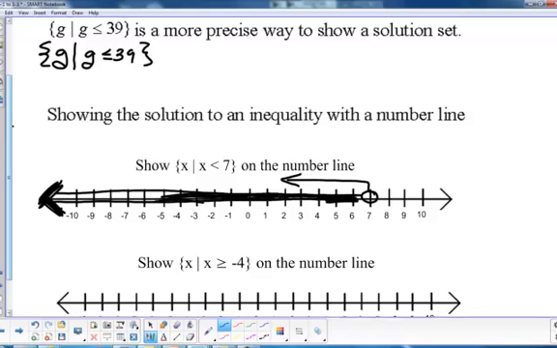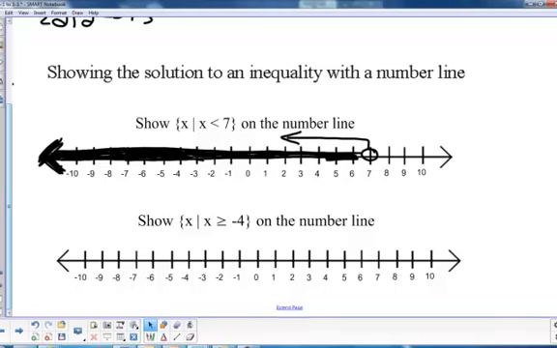I'm going to go with the arrow above after this for obvious reasons, but this is totally fine. We have that 4 is part of the solution.